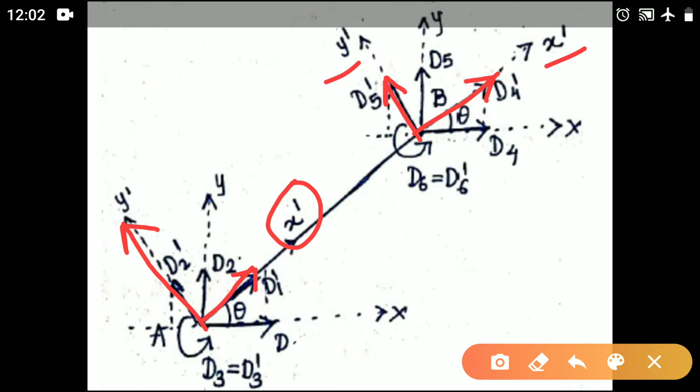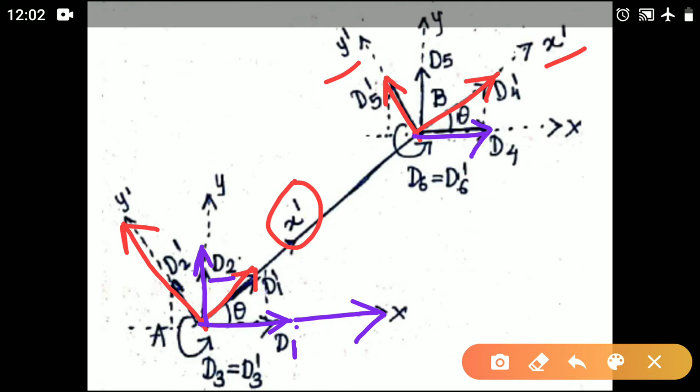Now in the global coordinate direction. Here this one is d1. Okay, make a correction. This value is not just d, it is d1, the degree of freedom in the global x axis, that is in the x direction, and d2 is in the global y direction.